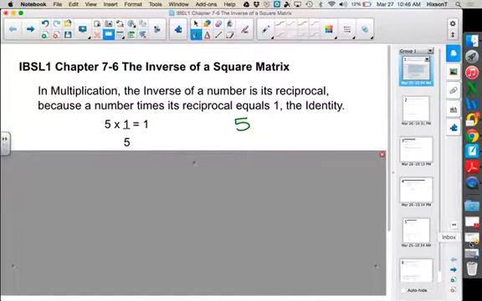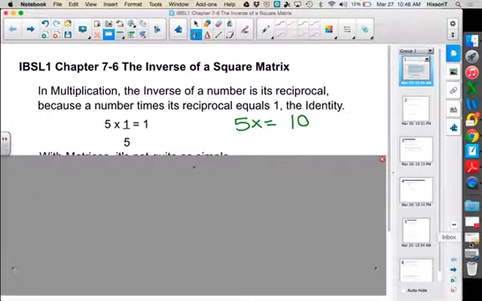And we used that in defining inverse operations. For example, if I have 5x equals 10, technically what you're doing in doing inverse operations is you are multiplying by the inverse, or you are doing an inverse operation.